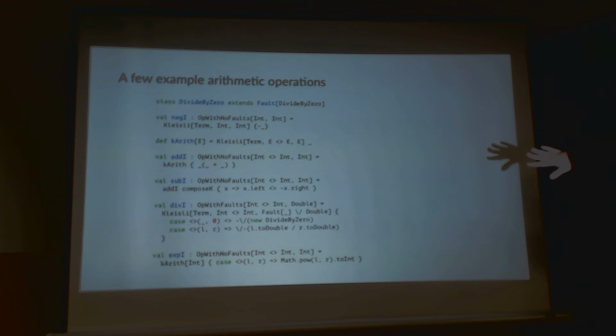Here we actually have to use a case match, because we're matching the case where you have 0 in the denominator. That's divided by 0, this is not a number. We have to return a fault here. We have the general case where, okay, it's fine, you just do a division right there.